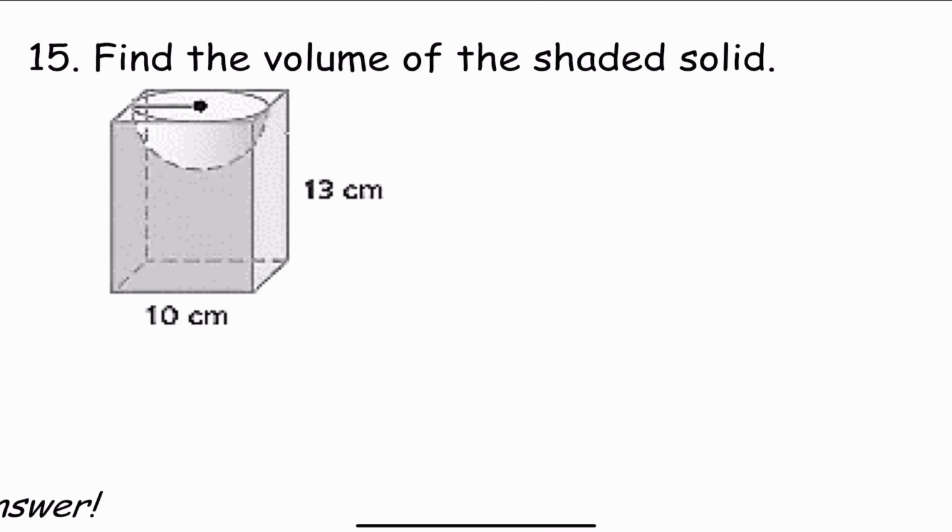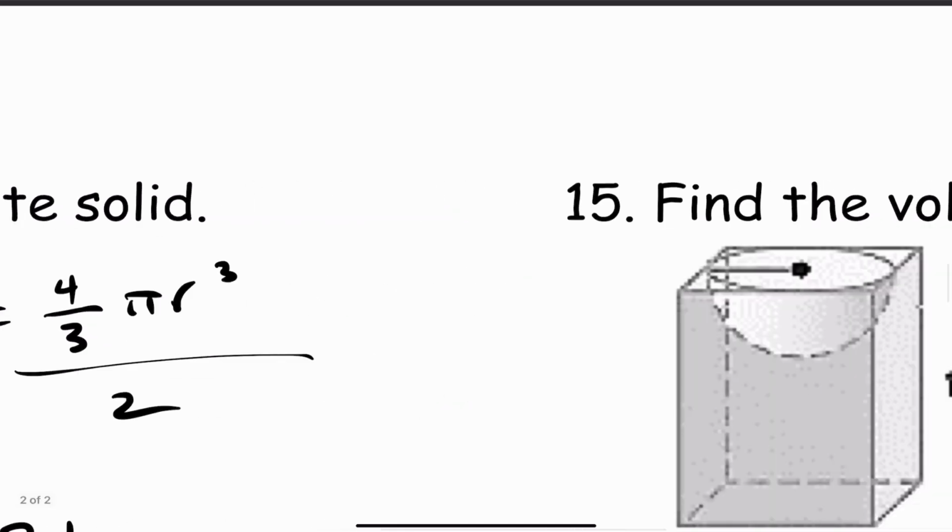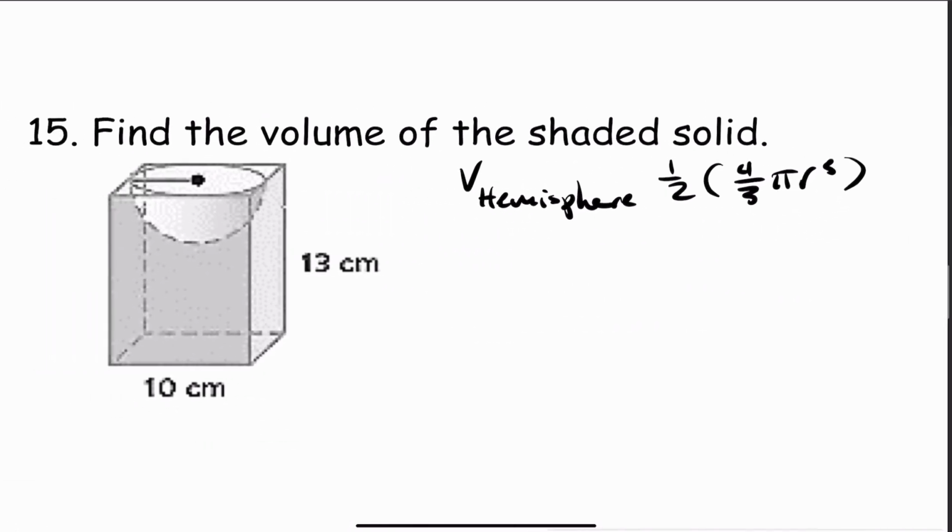So let's find the volume of the hemisphere here. So the volume of the hemisphere is 1/2 of 4/3 pi r cubed. Or you can say 4/3 pi r cubed all over 2, how I wrote it over here. But basically they're the same thing.